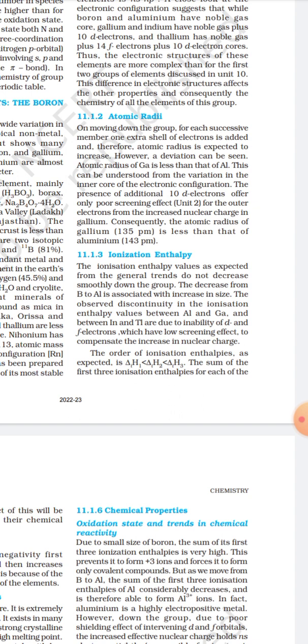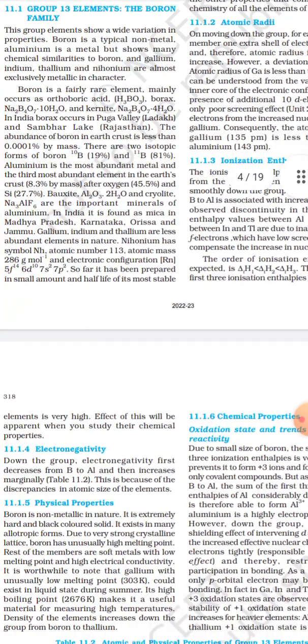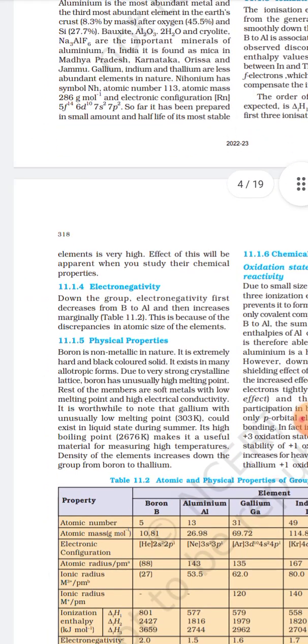The order of ionization enthalpy is as expected: third is higher than second, and then first. The sum of the first three ionization enthalpies for each of the elements is very high. The effect of this will be apparent when you study their chemical properties.